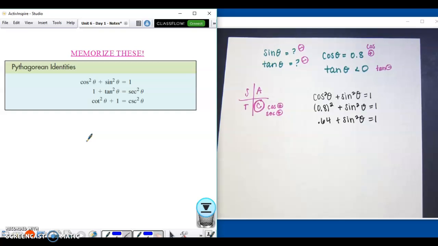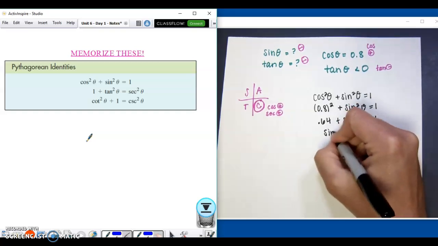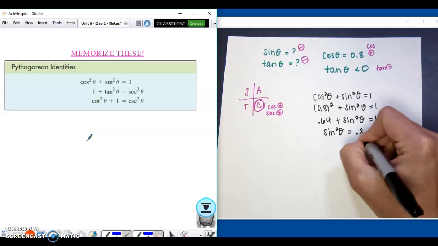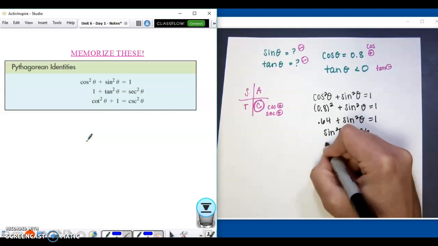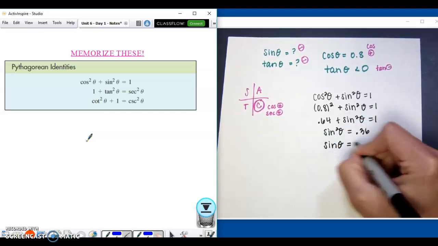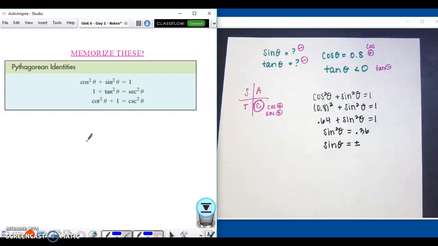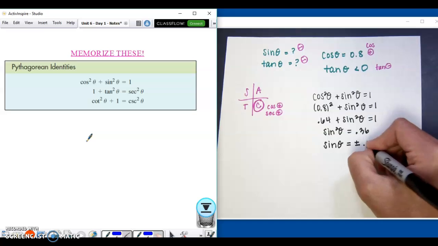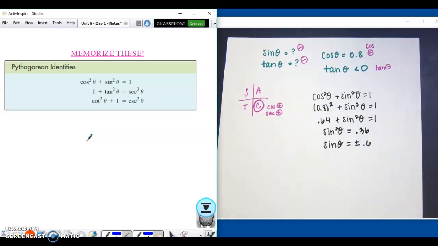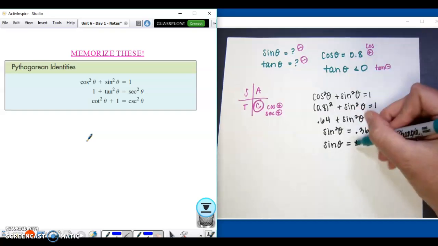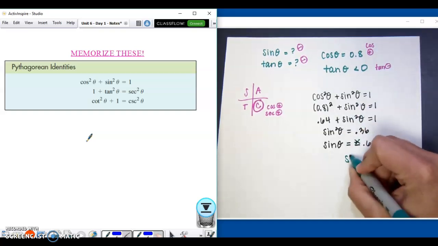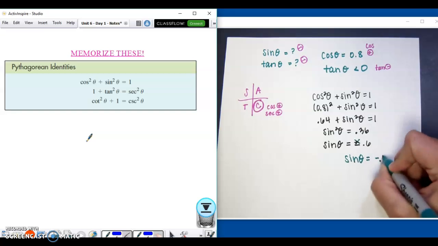And then if I do 1 minus 0.64, that'll be 0.36. Okay, so at this point we're going to take the square root. The square root is plus or minus the square root of 0.36, which is 0.6. Now, it can only be either positive or negative. It can't be both. So we know that sine is supposed to be negative. So my sine theta is going to be negative 0.6.